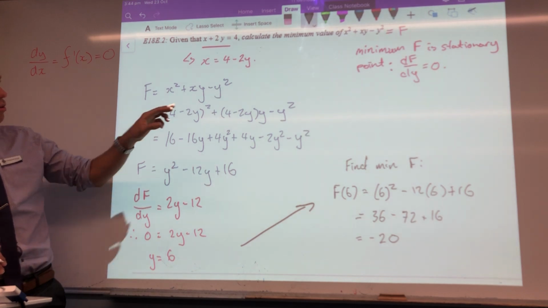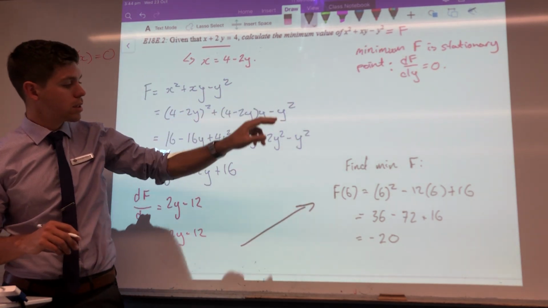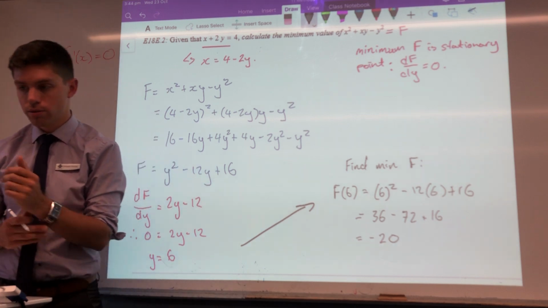So the minimum value of this is negative 20.